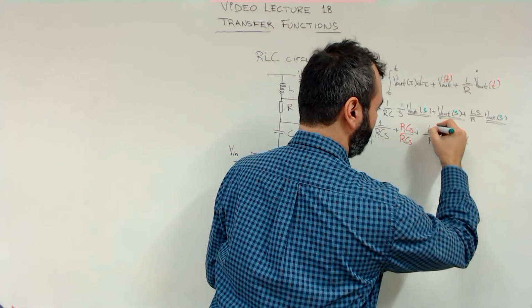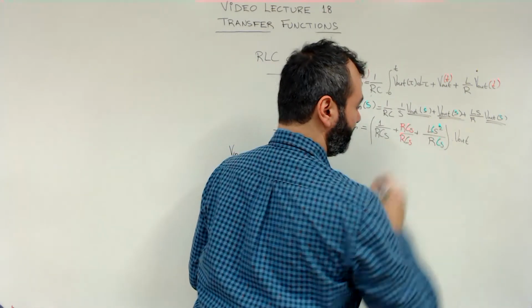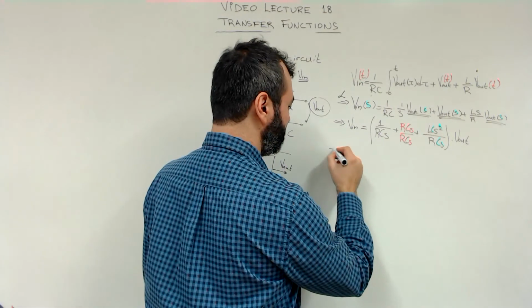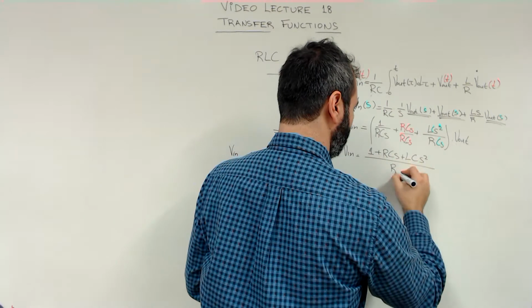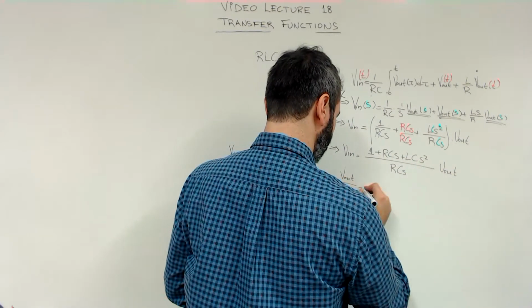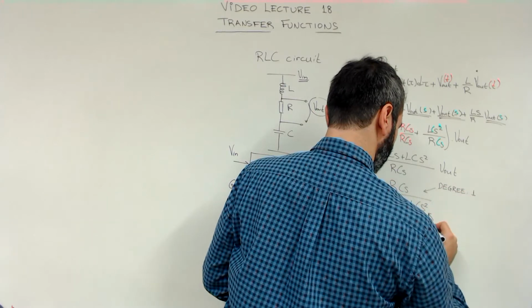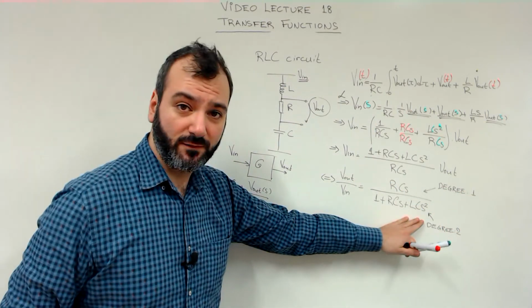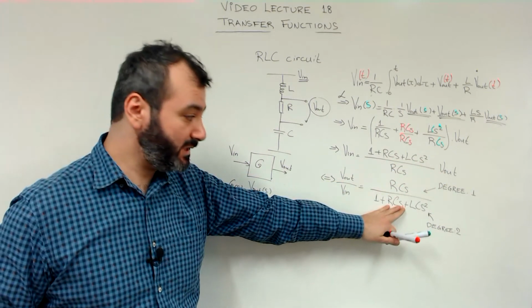We multiply the numerator and denominator, so we'll have here LCs squared. And then this becomes... so it is indeed a rational function.